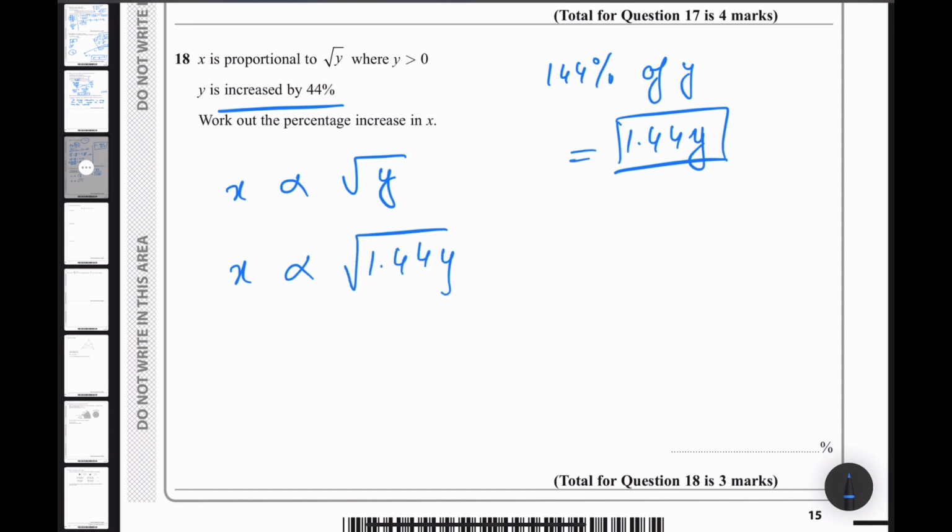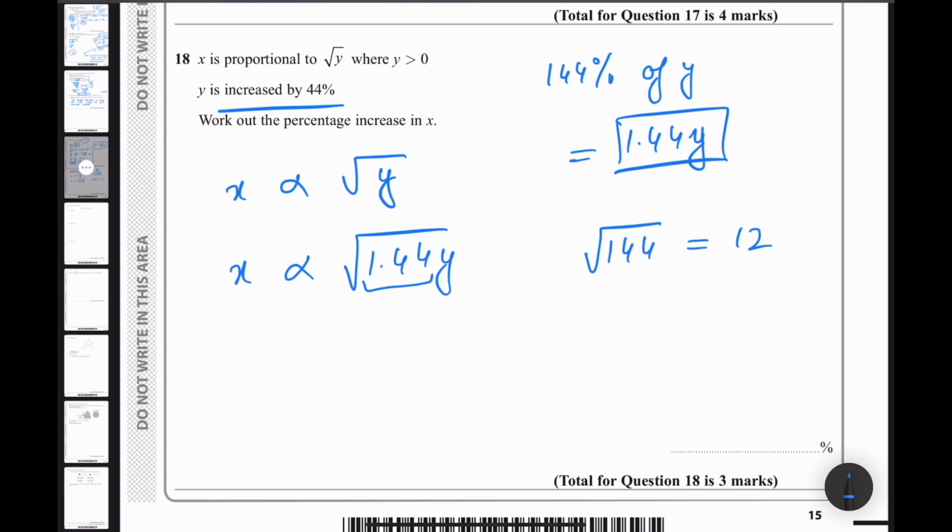root of 1.44y. Now when I take the square root of 1.44, it will be equal to 1.2. Why 1.2? Because the square root of 144 is 12. Similarly, the square root of 1.44 will be equal to 1.2.